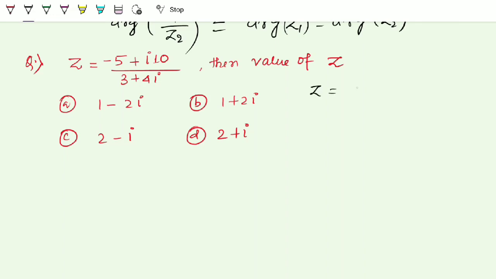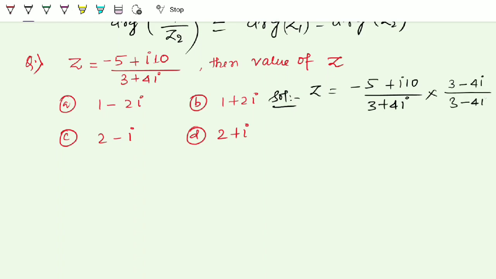Z is given by, let us solve it, -5 plus 10 iota divided by 3 plus 4 iota. We have to just simplify this expression and eliminate the iota term in the denominator. So let us rationalize this complex number by multiplying by 3 minus 4 iota.